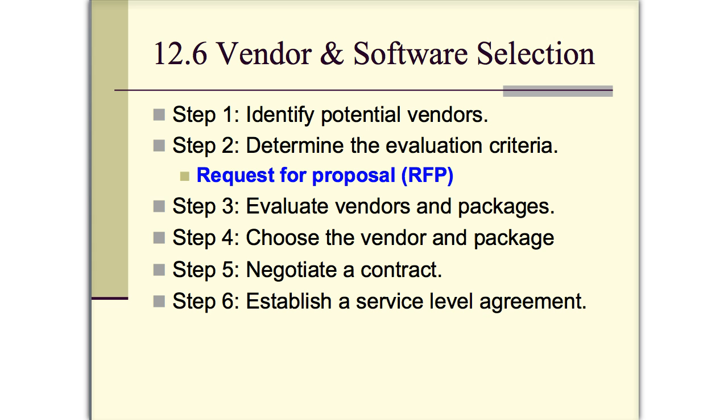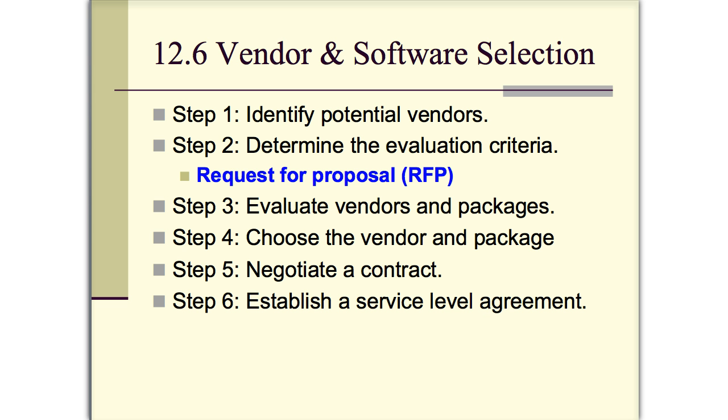If you haven't had your business law class, your teacher will talk about the importance of writing a good contract, because if there are any disputes down the line with this new relationship with an outside vendor, the terms of the contract are what are legally binding. So it's important to make sure that you get a good contract.